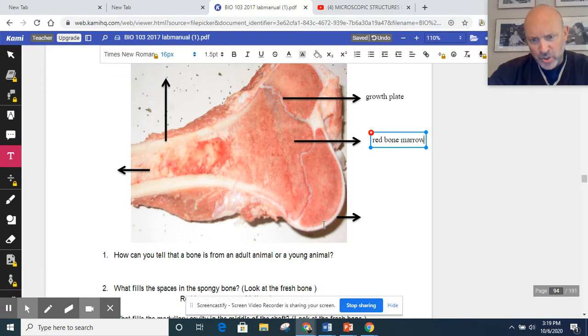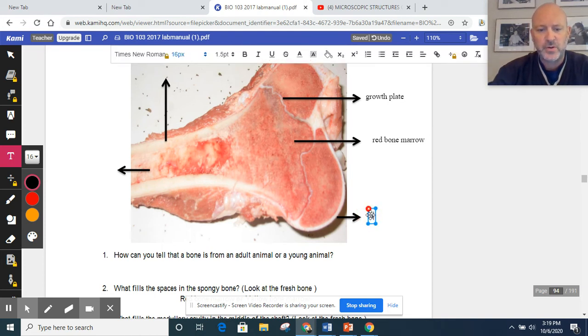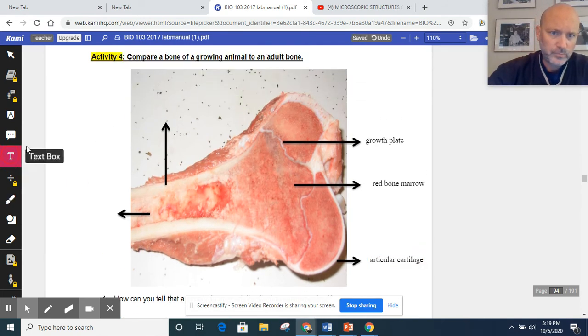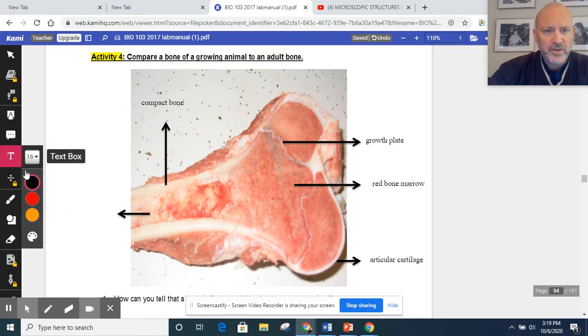Here we see some cartilage on the outside protecting the bones. This is called articular cartilage. Over here, we see compact bone, the dense compact bone. And over here, we have the medullary cavity.